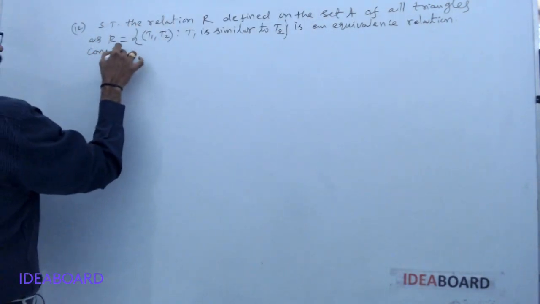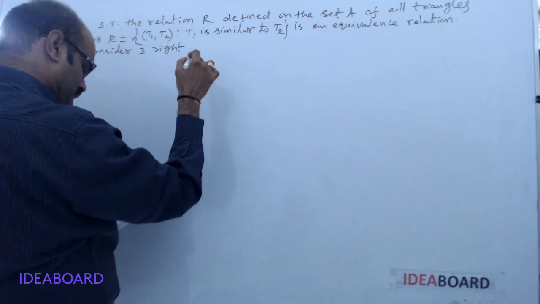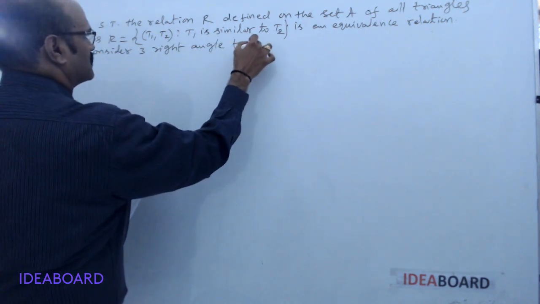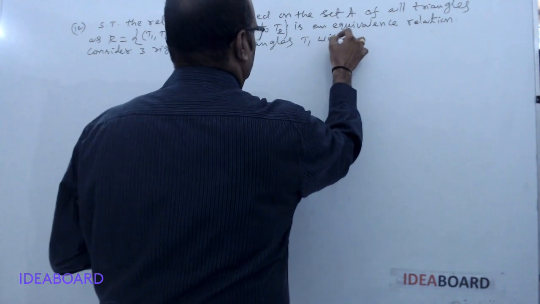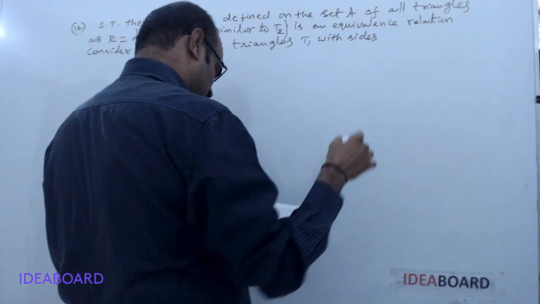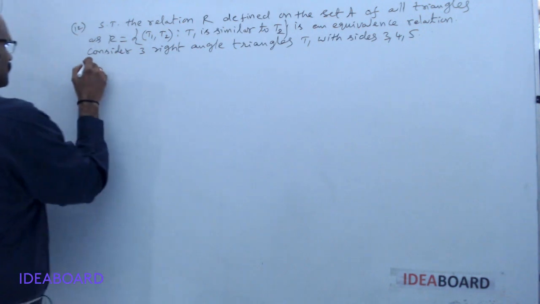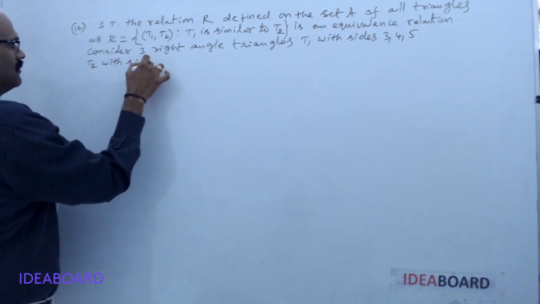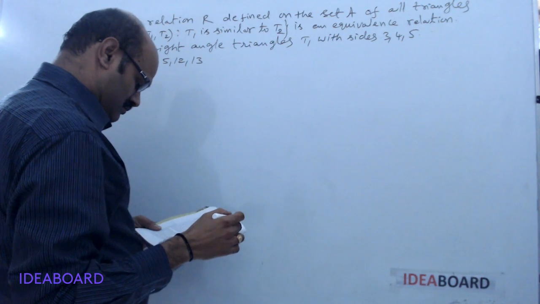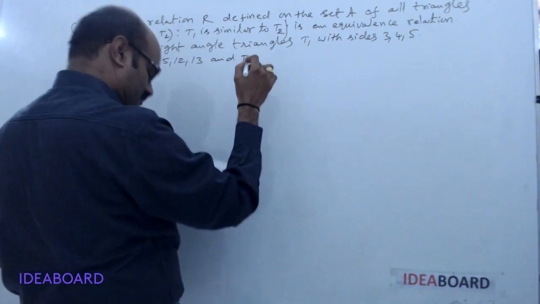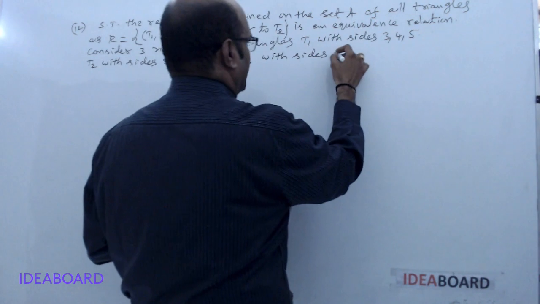Consider three right angle triangles: T1 with sides 3, 4, 5, T2 with sides 5, 12, 13 and T3 with sides 6, 8, 10.